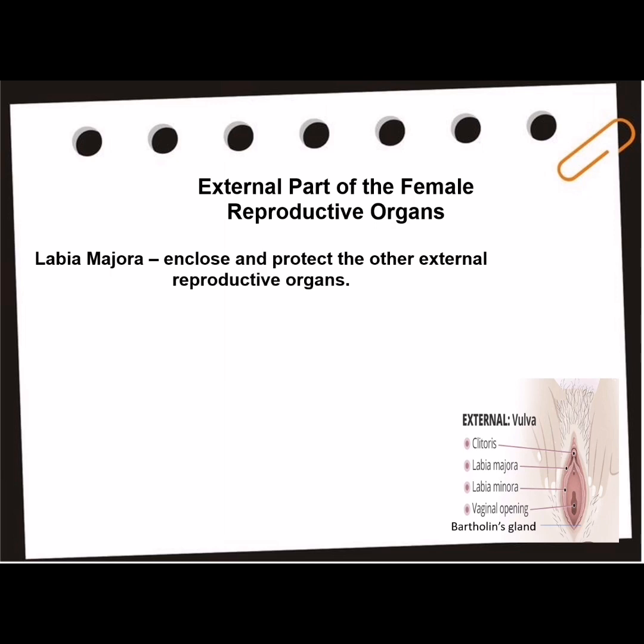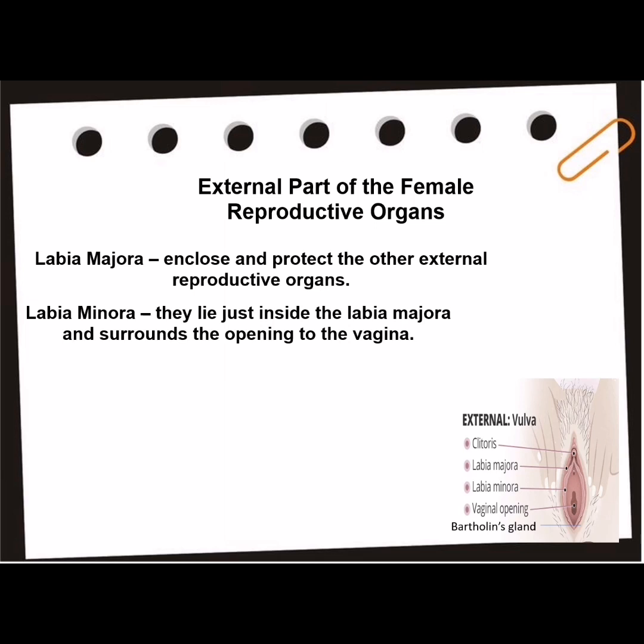The labia majora enclose and protect the other external reproductive organs, literally translated as large lips. The labia majora are relatively large and fleshy and are comparable to the scrotum in males. They contain sweat and oil-secreting glands. After puberty, the labia majora are covered with hair.